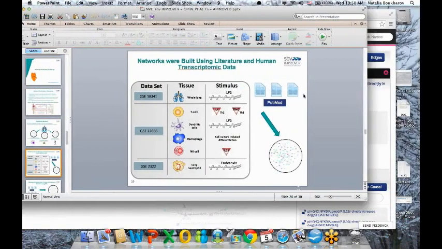First of all, we used published data. We started by selecting a corpus of literature appropriate for this particular model. We were looking to reflect lung biology, normal and COPD, so we are not including anything studied in asthma, for example, because it's very different signaling.